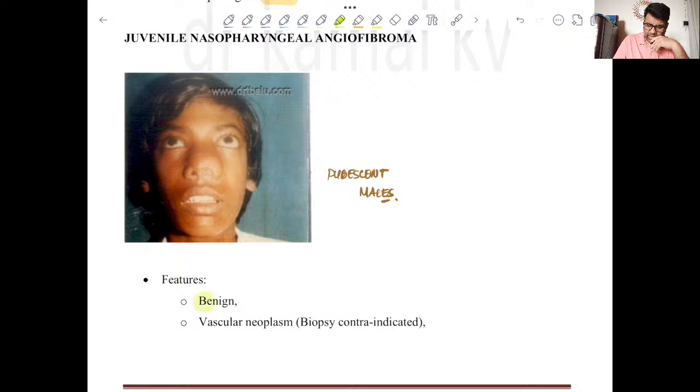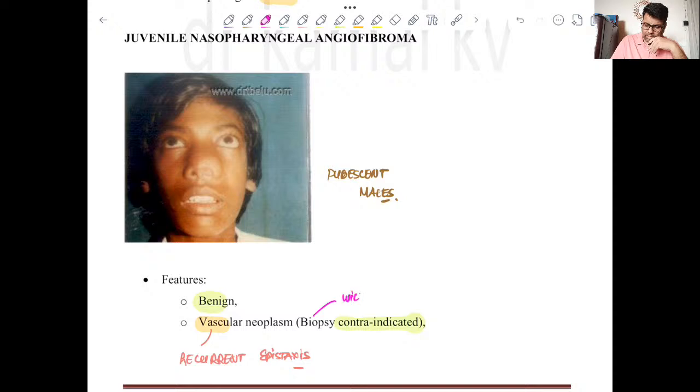Although this condition is benign, it is very vascular, and therefore it has two implications. Patient presents with recurrent epistaxis, and secondly, if you do biopsy, it will keep on bleeding.